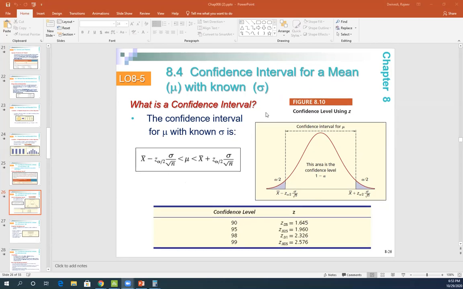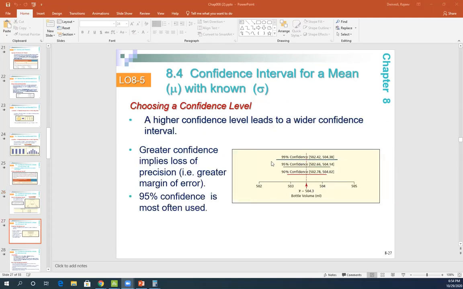So is it making sense? So this is a confidence interval here. If it is making sense, I can go ahead. Now there are three cases. For example, you make a bigger confidence.